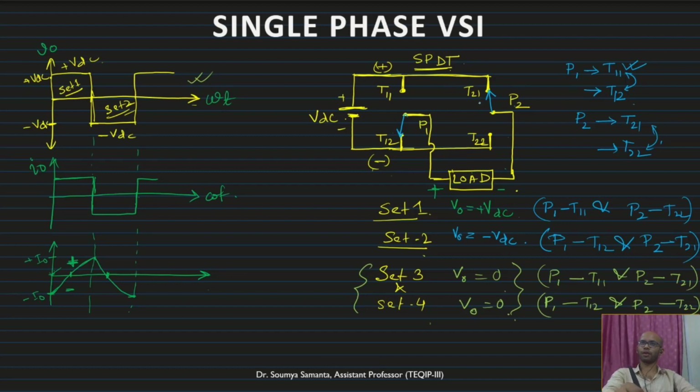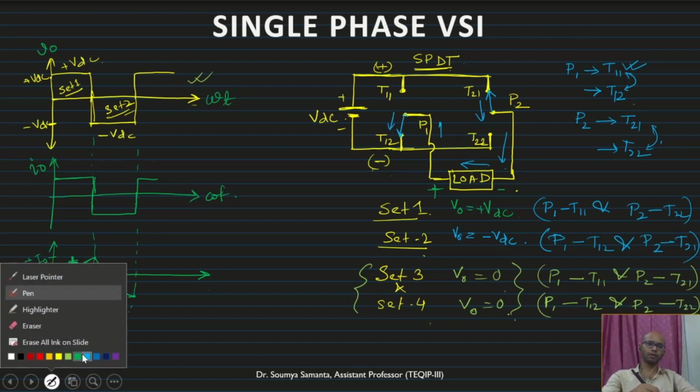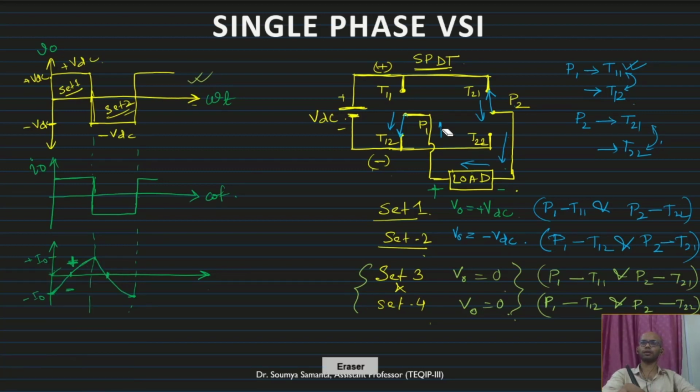The direction of the current will be this one, and this is the direction of the current. If I change this color to explain the direction of the current, this is the direction of the current for an R load, but if it is an RL load, then it will be bidirectional.